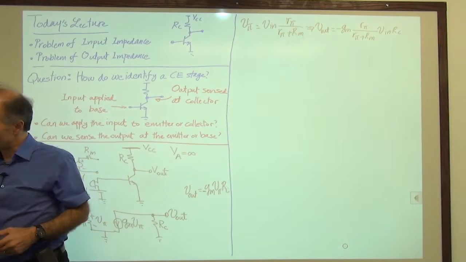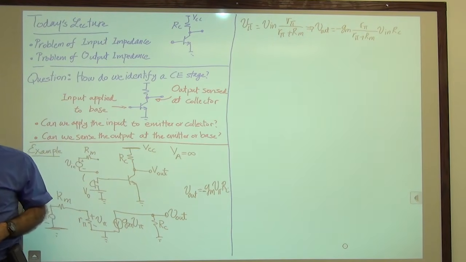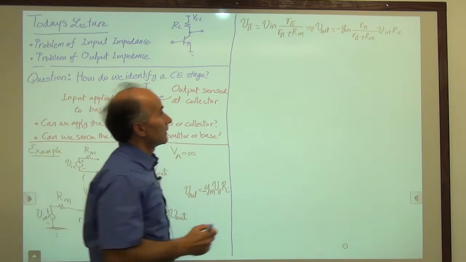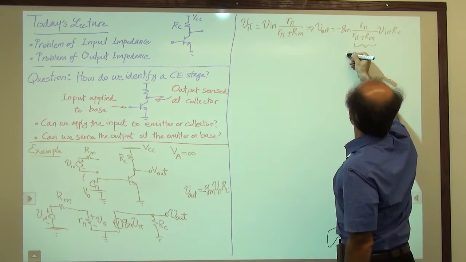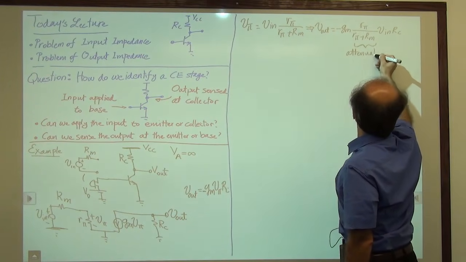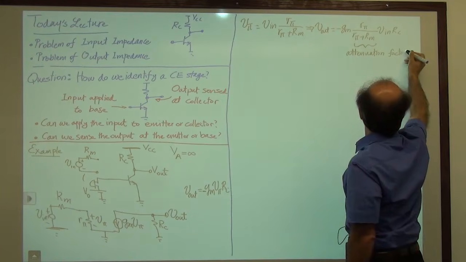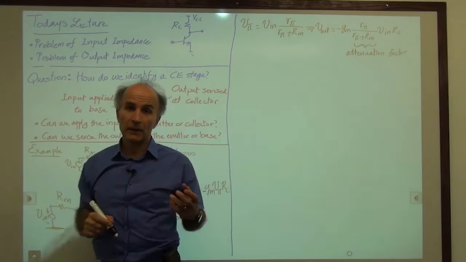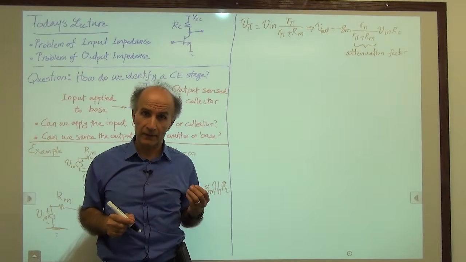Okay, so if that's the case, then how do we represent this effect? So let me just call this attenuation factor. All right, so this is something that the voltage gain that we found before does not tell us.